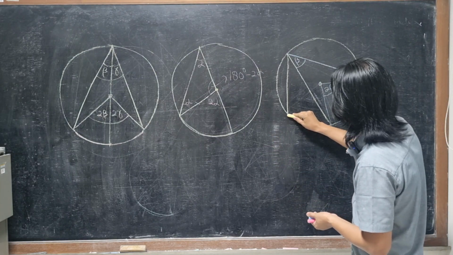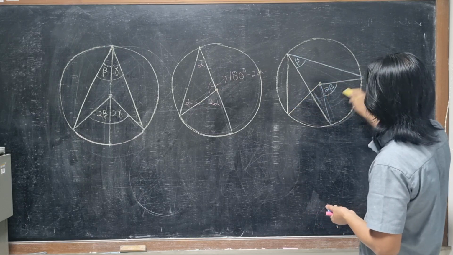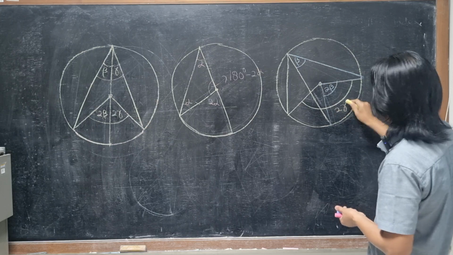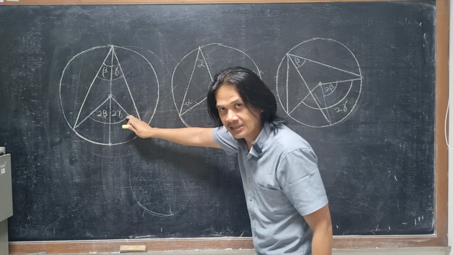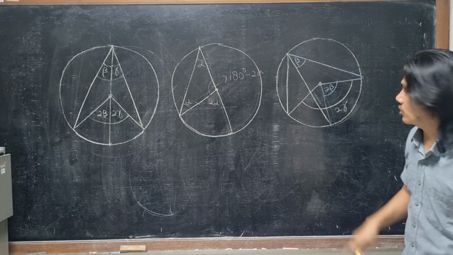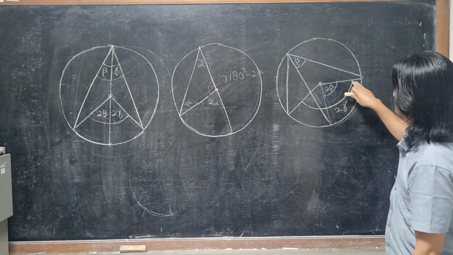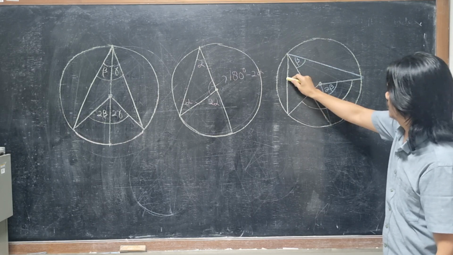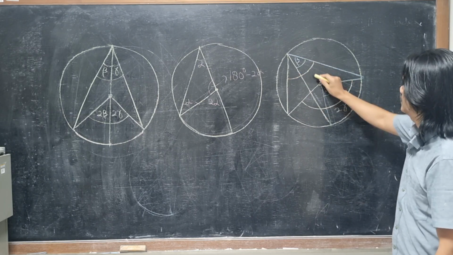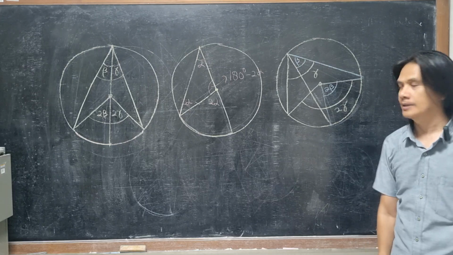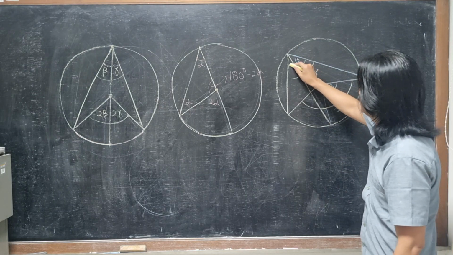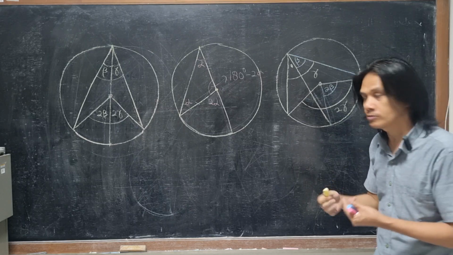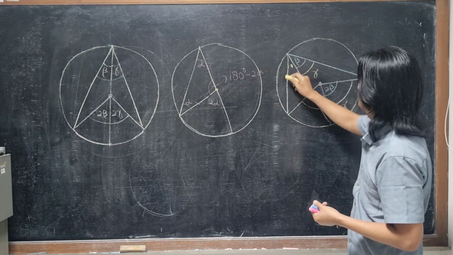The central angle is exactly this. So let's call that central angle twice gamma. Then according to the second case, the inscribed angle corresponding to that central angle, which one? This one. That's going to be gamma, right?